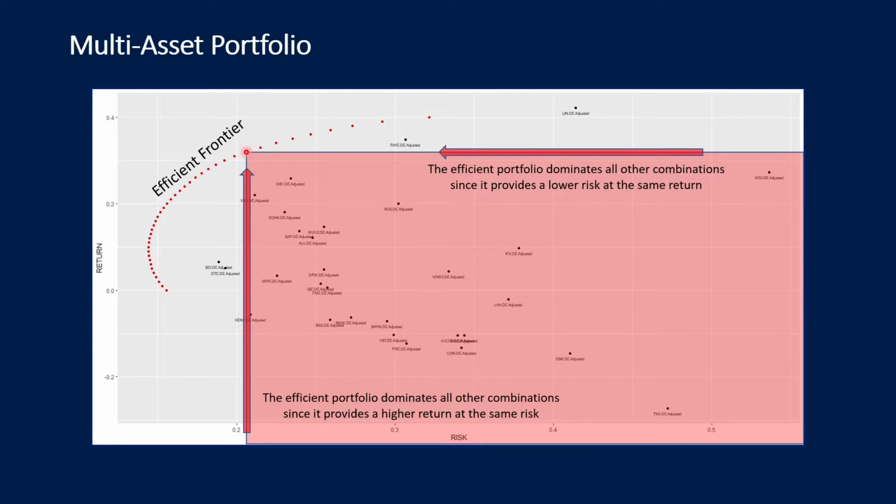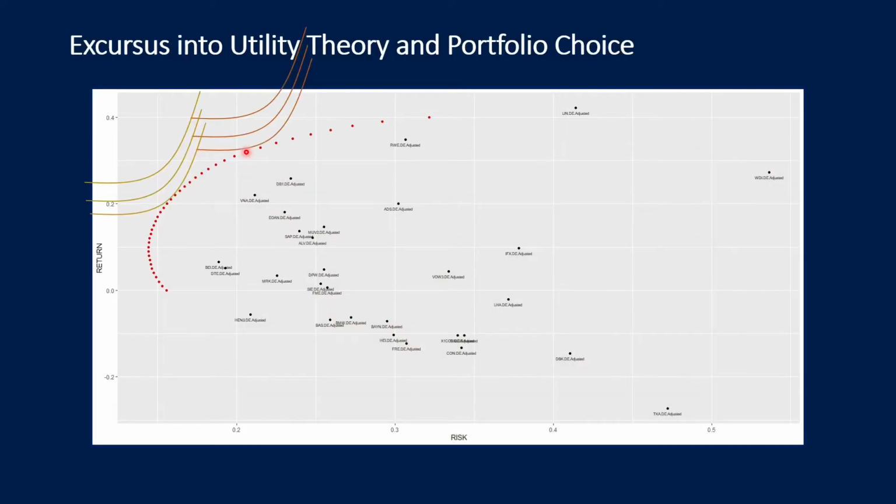And if we speak of mu sigma dominance, we must make an excursus into utility theory. Because if we assume that there are persons who decide on mu sigma, who are mu sigma deciders, they would have something like indifference curves.